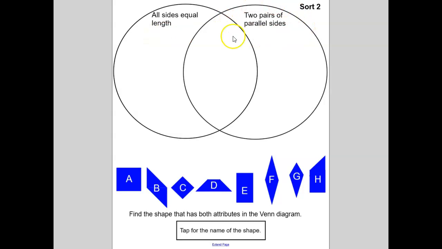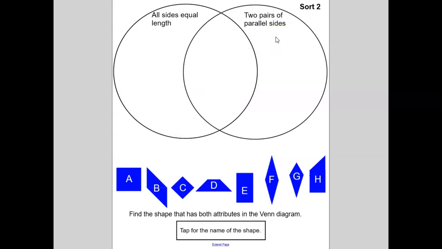The shapes that go on this side of the Venn diagram have two pairs of parallel sides. The shapes that go in the part where the two circles overlap are shapes that have both of the attributes in the Venn diagram. So they have all equal side lengths and two pairs of parallel sides.